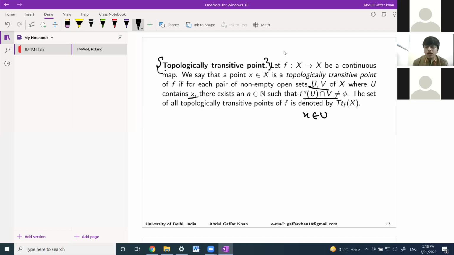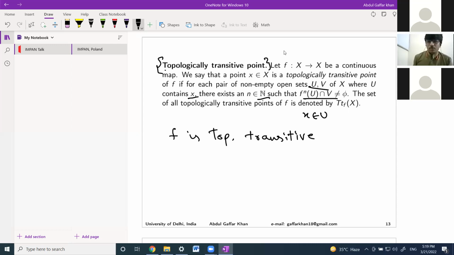Some authors also say that a point is transitive if it has a dense orbit. This is different from that, and we can observe that if the point is topologically transitive, then it may not have a dense orbit. It is easy to observe that f is topologically transitive. By topologically transitive, we mean that whatever non-empty open sets u and v you choose, the orbits of u and v intersect at some positive integer time n.